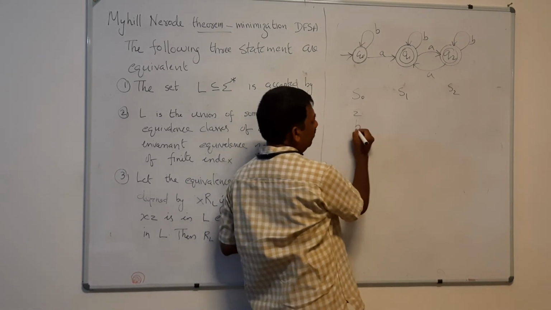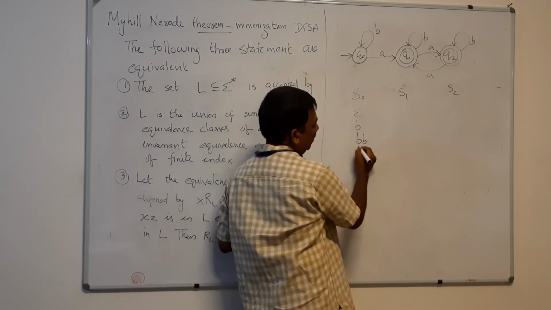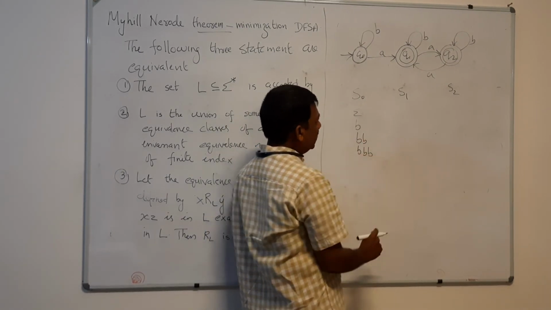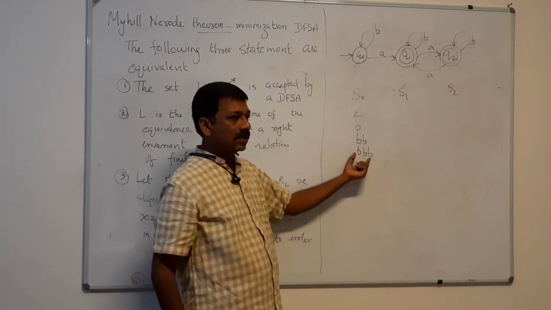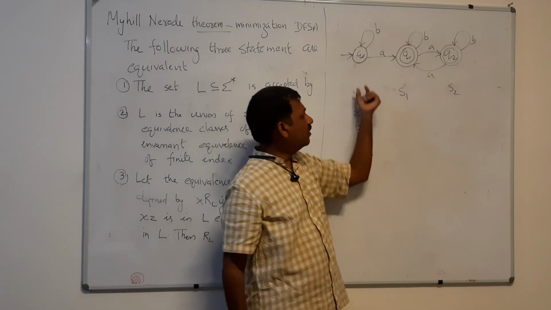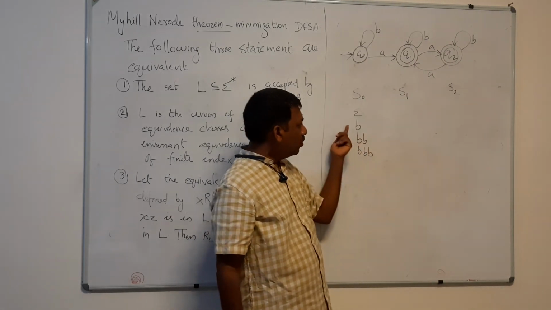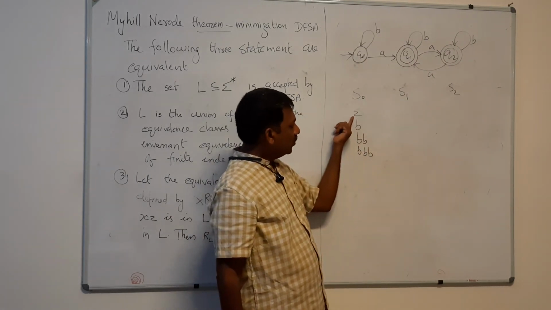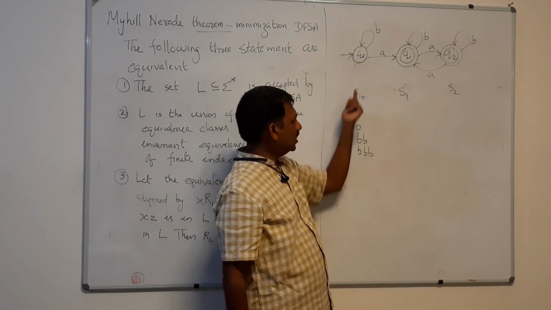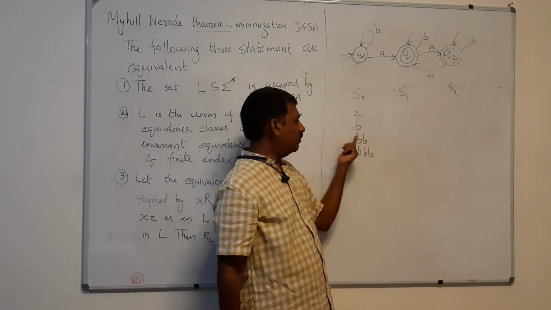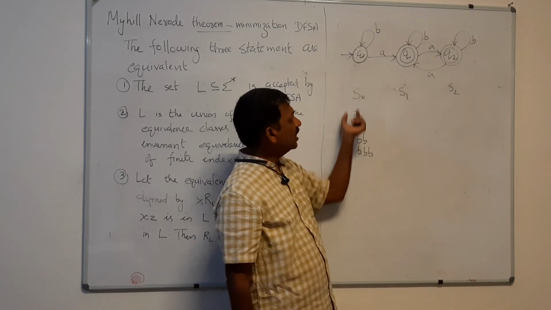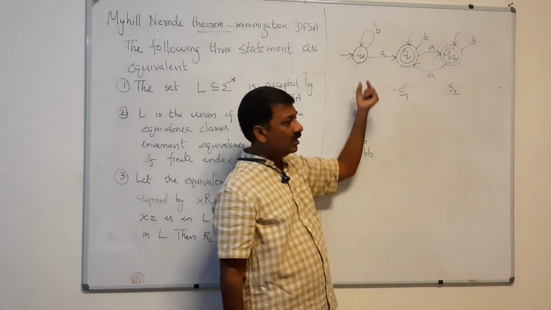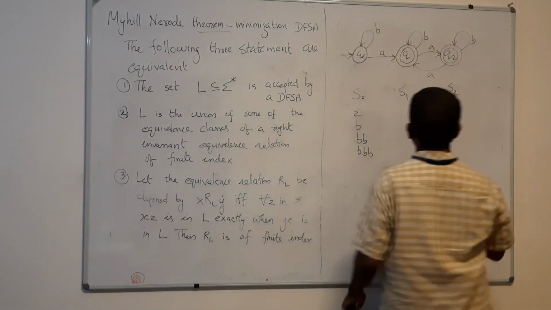Then on a single B it stays here, BB, BBB, etc. These are the strings represented by S0. That means on reading no input symbol, or on accepting one, two or three B's, it stays in the same state.